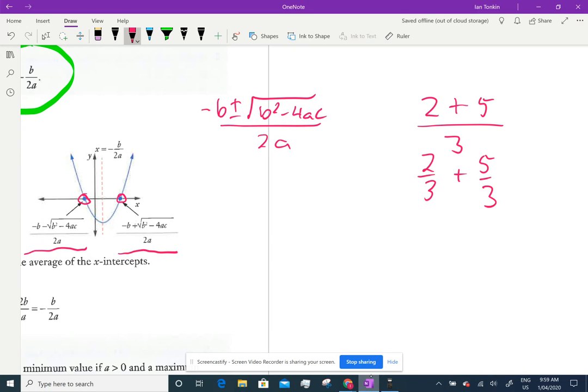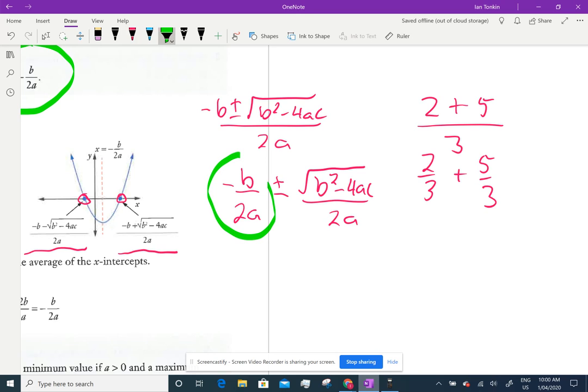So I'm going to split this quadratic equation: negative b over 2a plus or minus the square root of b squared minus 4ac over 2a. So this bit, it's negative b on 2a plus all this or minus all this.